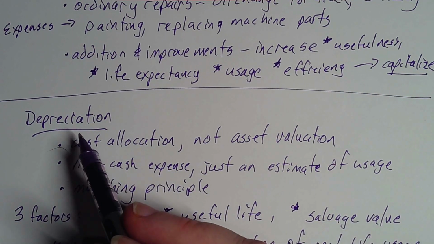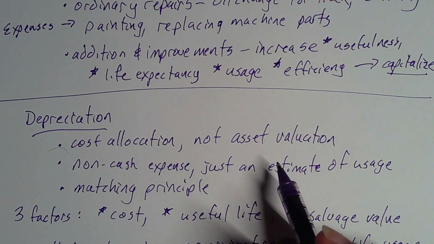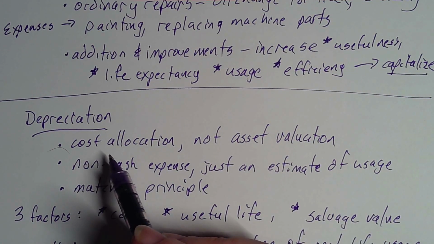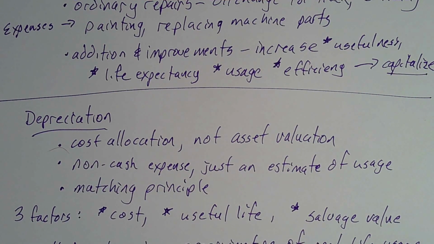So the whole idea of depreciation is not to reduce the value. It is not an asset valuation, although it sort of looks that way. It is how to allocate the cost, how to allocate the expense over the useful life. Now, when we expense inventory through COGS, we expense it immediately. We expense the whole bit of inventory because we're selling it.